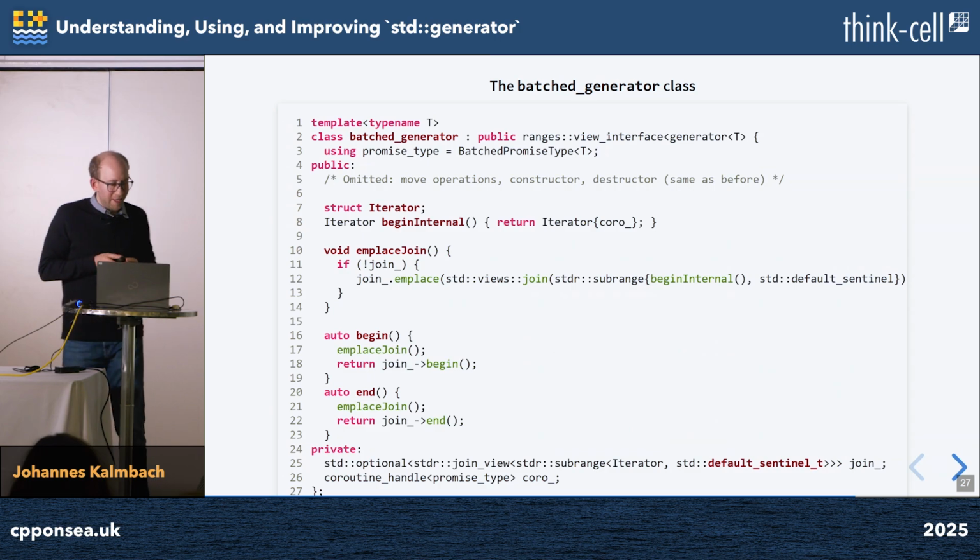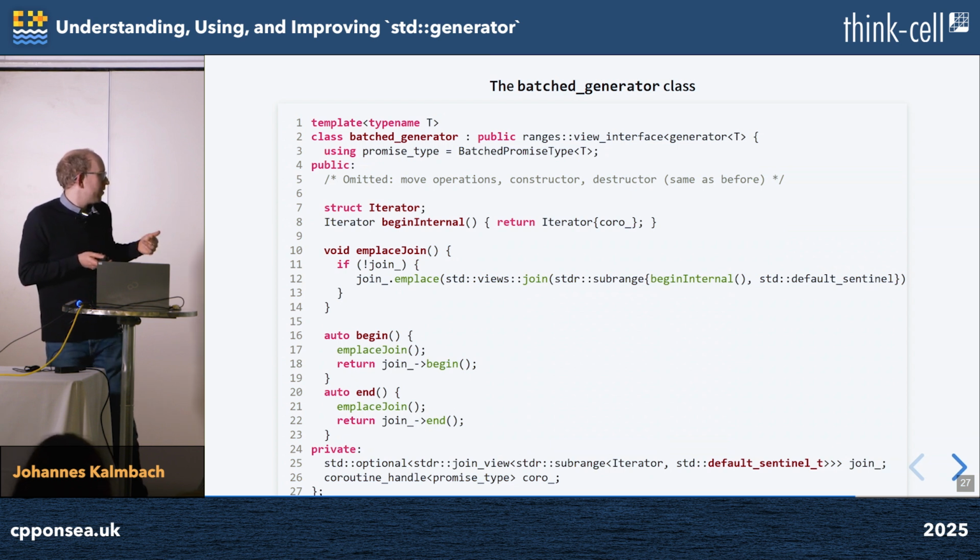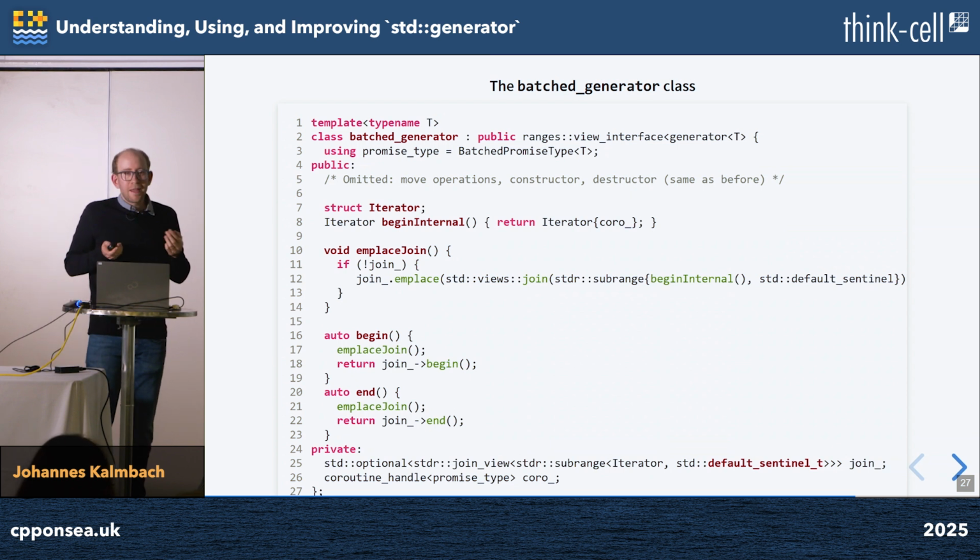I just do it at the begin. When I call begin, I have to first initialize my variable with the join view. I have to get my actual join iterators, and then I return the begin. And for end, you still have to check. I did put the in-place join in both variants because it might be that there are people who put first the call to end and then the call to begin when they iterate over it.